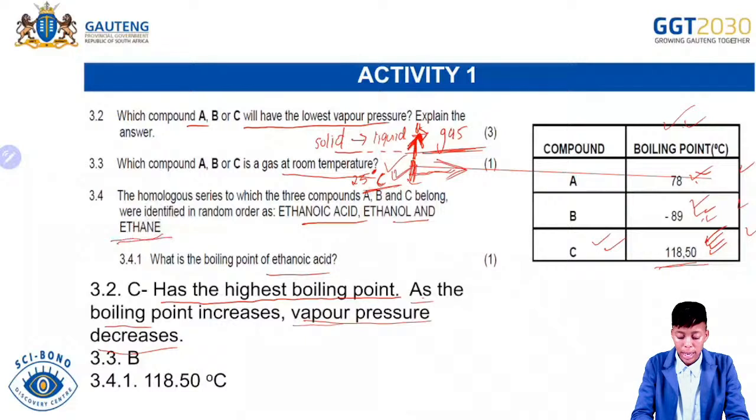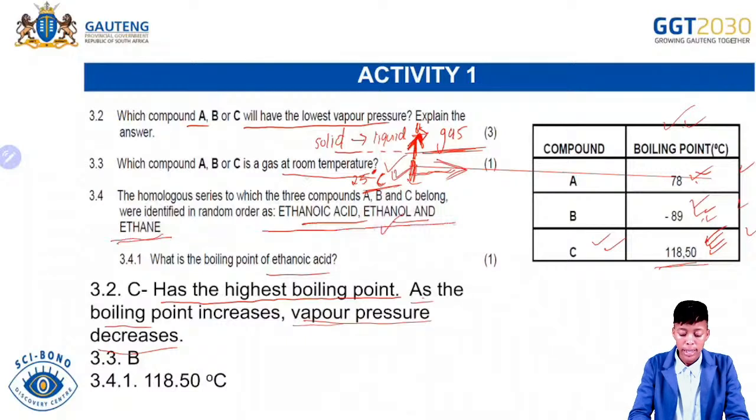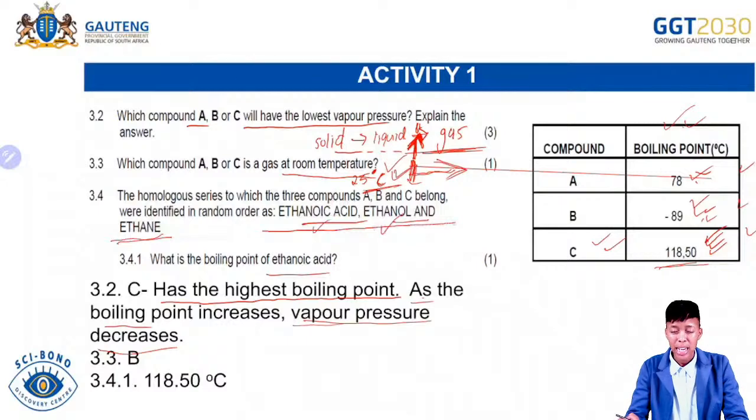Under hydrogen bonds, we have alcohols and carboxylic acids. But remember, your alcohol has one side for hydrogen bonds, and your carboxylic acid has two sides for hydrogen bonding. Therefore, the carboxylic acid will be stronger than the alcohol.